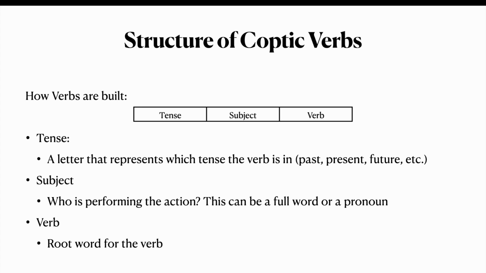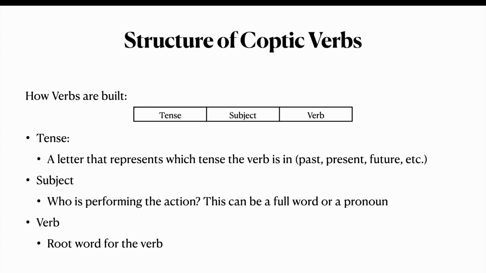First of all is the tense, which is a letter at the very beginning of a verb or a verbal statement. That represents the tense of the verb, right? And that'll just be a letter, except for, as far as I'm aware, the present tense.